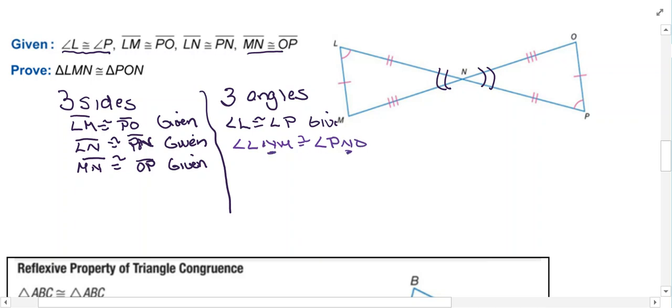So there's our center letter, which is N. So we have two angles congruent in the two triangles. So the third angle has to be congruent. So we know that angle M is congruent to angle O, and that's the third angle. Writing our congruent statement, we have triangle LMN is congruent to triangle PON. That's because we showed all the corresponding parts were congruent.